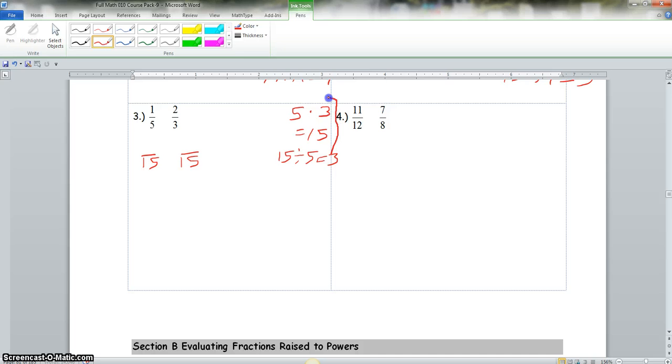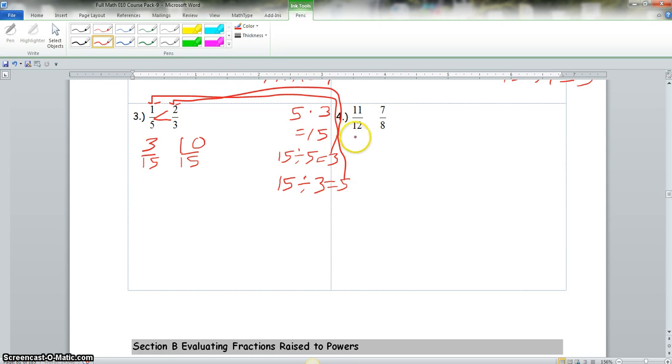So we would take this 3 and multiply by this 1 here. 3 times 1 is 3. Now we take the new denominator divided by the original. 15 divided by 3 is 5. So we would take this 5 and multiply by this 2. 5 times 2 is 10. So that means that our second fraction is larger than our first fraction. So the inequality will point to our first fraction.